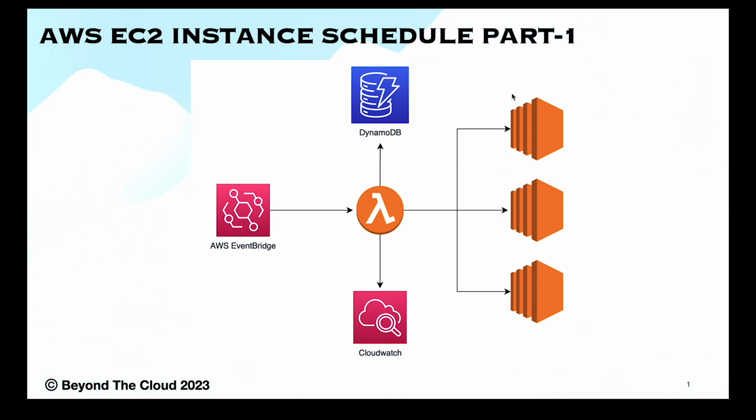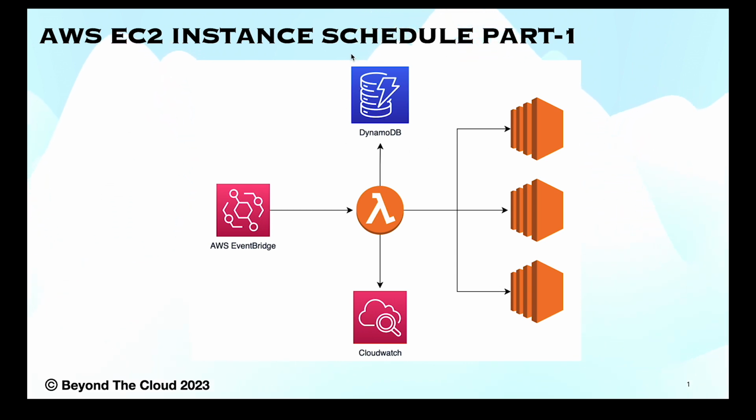and it will start and stop those EC2 instances. Now the question might be how the Lambda will know which EC2 instances it has to manage. Very simple: we have to tag the EC2 instances with a particular name in a way that this EC2 instance is related to this DynamoDB table.